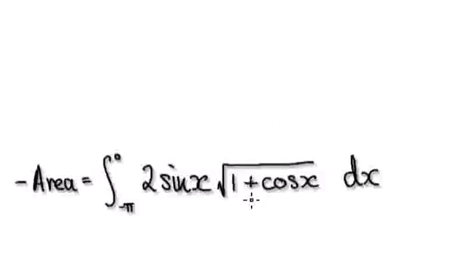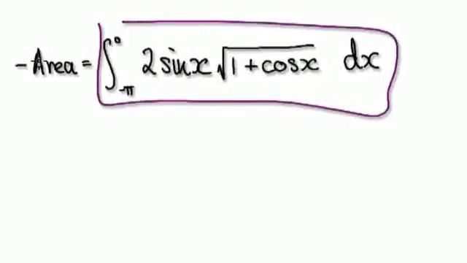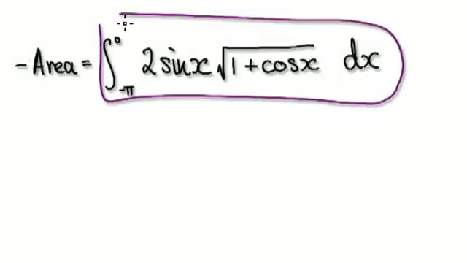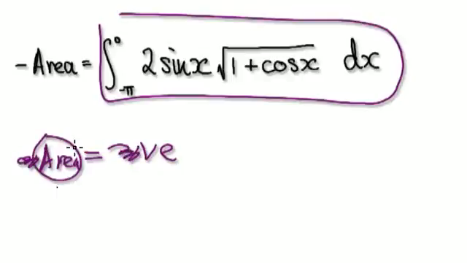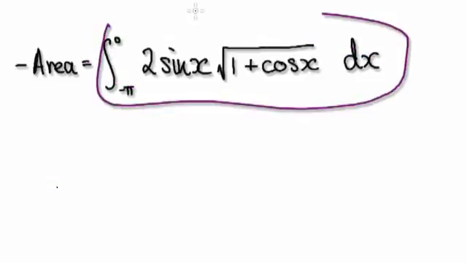If you integrate this as normal, it will give you a negative area, so right at the end, we're just going to times both sides by -1, and then that will give us the area.